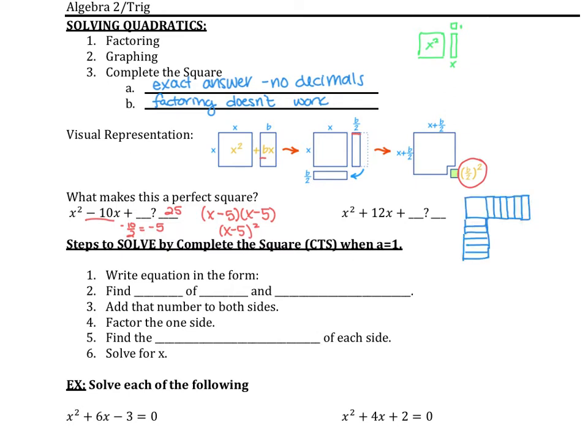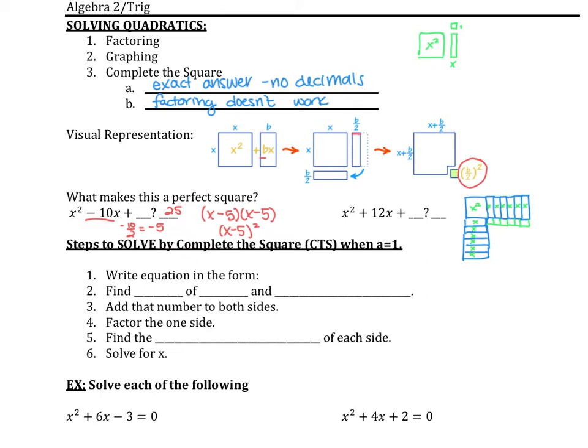Okay, so while you were thinking about it, I drew an example of what this might look like. So each of these boxes, this would be x squared, and this would be 1x and 1x and 1x and 1x and 1x and 1x. So 6x is there, and then 6x is here. So this would be an example of x squared plus 12x. How many little 1 boxes do I need to fill in here to make up the entire square, to make it a perfect square?